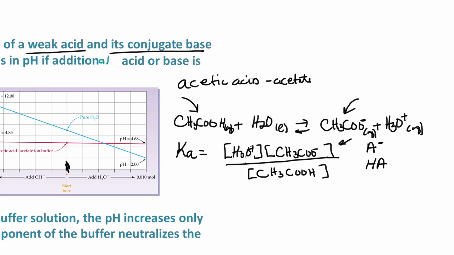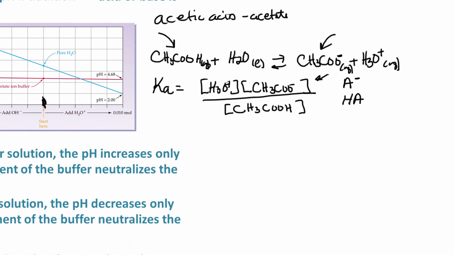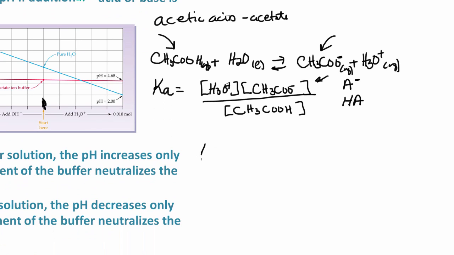So what I'm going to do is I'm going to rewrite this, and I'm going to solve for the hydronium ion concentration. So let's solve this expression for the hydronium ion concentration, and I'm going to substitute A- for the base and HA for the acid.